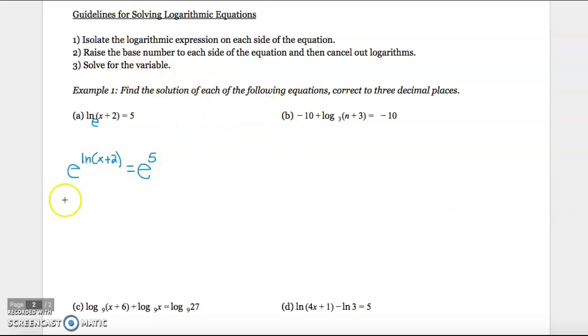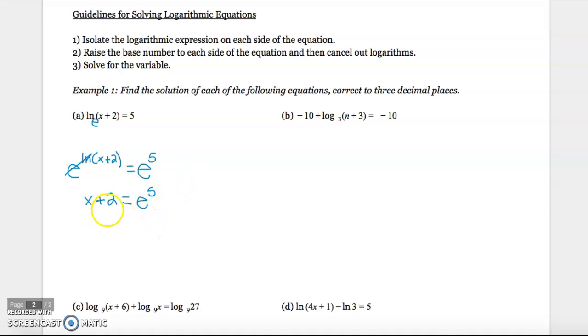Now that I've done that, as long as your natural log was alone originally, my exponential function, e, and my natural log cancel out, and I'm left with x plus 2 equals e to the 5th.